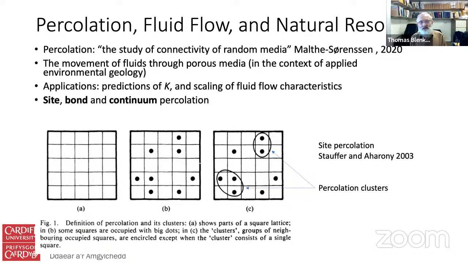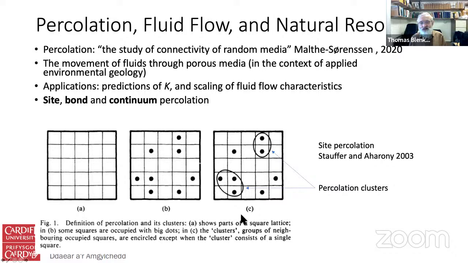And there are different types of percolation theory: site, bond or continuum percolation. Continuum percolation is particularly relevant to fractures, but I'm going to be talking more about site percolation in the next few slides. And what this means is that if we consider a network represented by these blank cells, we may fill it with some cells containing, for example, an ore deposit, or it could be fluid in a porous network.